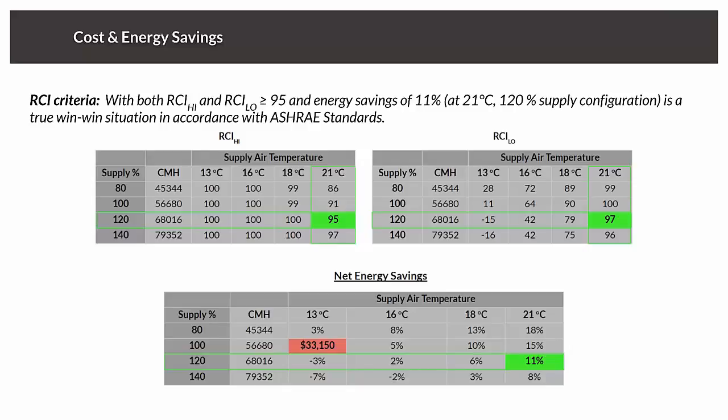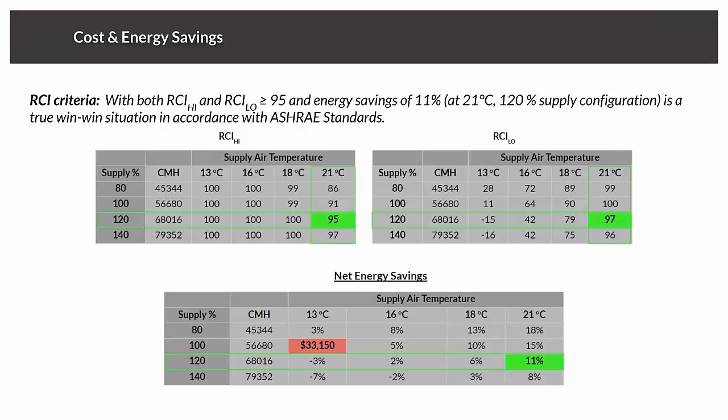That is the 21 degrees, 80 and 100. They are not above 95%, which is the desired criterion. On the opposite side, when we look at the RCI low operation conditions, only the simulation which had the supply temperature of 21 degrees centigrade would match the criterion itself.